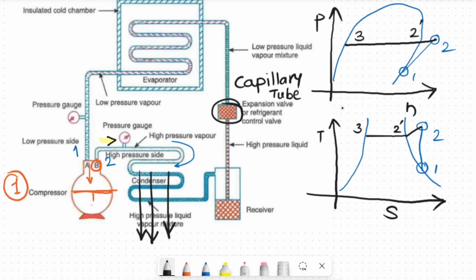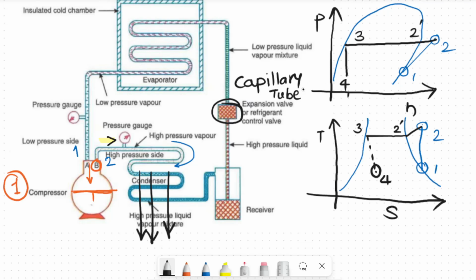Now, friends, the process of expansion is an isenthalpic expansion. So, on the pH diagram, it is shown by a vertical line where the enthalpy is constant. On the TS diagram, the process is shown by a dotted line. Okay, so the entropy will increase during this process.